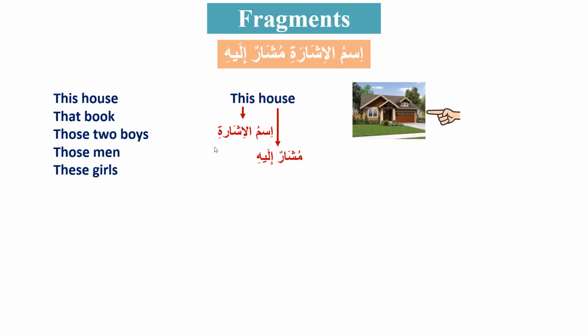So now I think we know what is ismul ishara and what is musharun ilay. It's not a very complicated concept. If you are pointing at something, that something is called musharun ilay. And the word you use to point, this, these, that, those, these kinds of words, they are called ismul ishara. Simple as that.